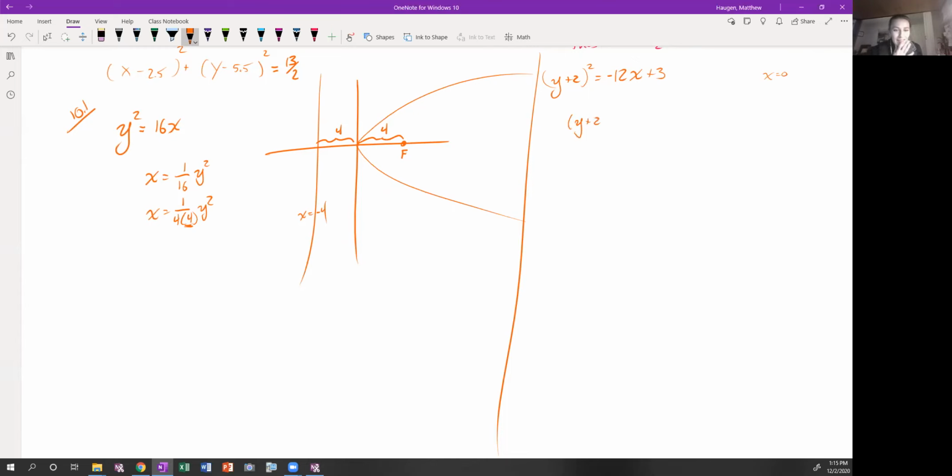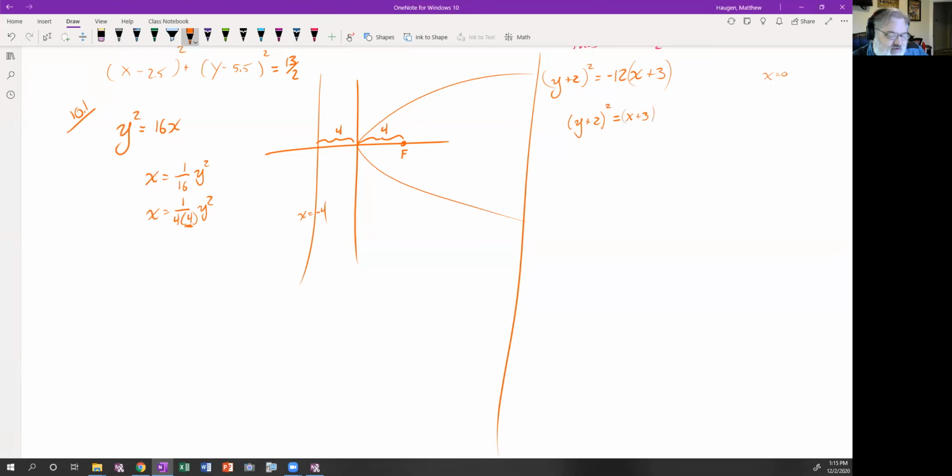I think I did the vertex first, since it gives you the points there. Oh, was this -12 times x plus 3 like that? Yes. Okay, that's a little bit easier. If not, we have to factor out that -12, and that 3 is going to be ugly. Okay, so that's much nicer.